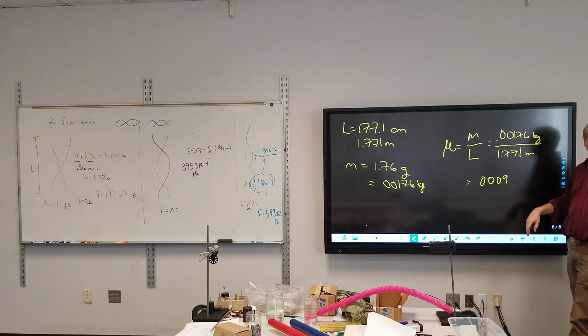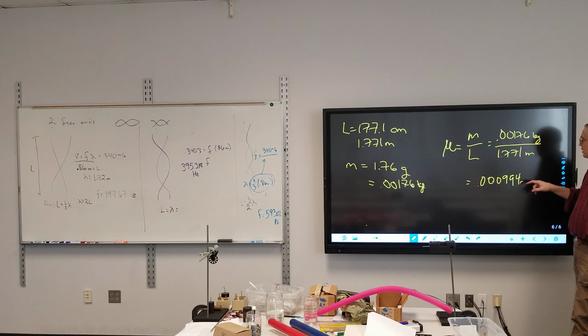I got scientific notation. What'd you get? 9.94 times 10 to the power of -4. Okay. Units? Kilograms by meters. Kilograms per meter.